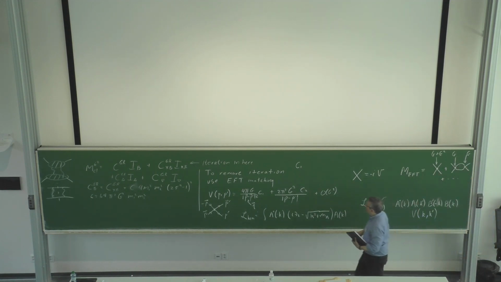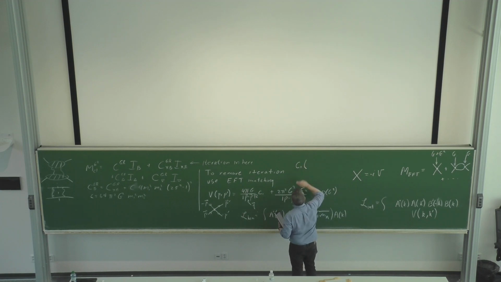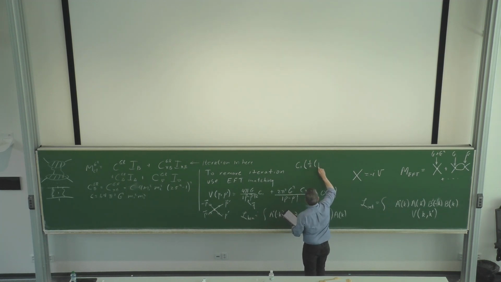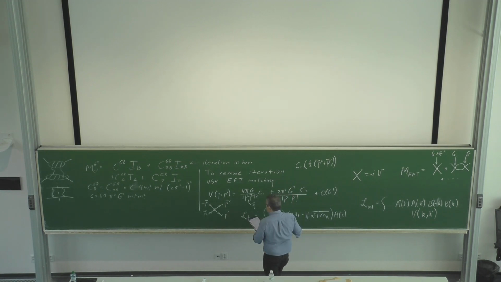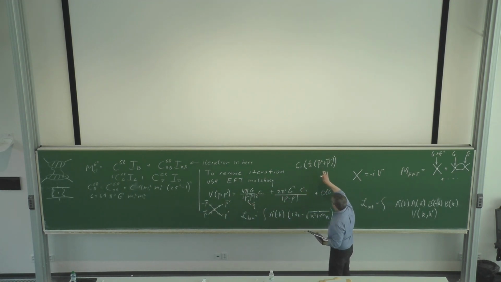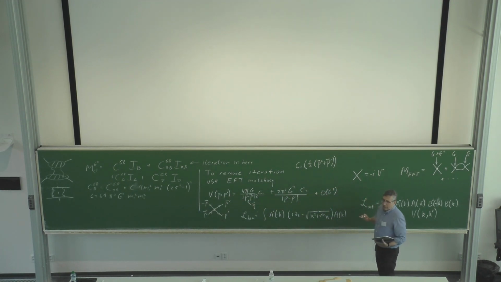It's some off-shell continuation. So in fact, the way we will do it is we'll take that coefficient and we will average in the following way: P squared plus P prime squared vector. Okay. So it's this coefficient in terms of these momenta, instead of making it of P squared, before it was of P squared, the coefficient was a function of the P squared.